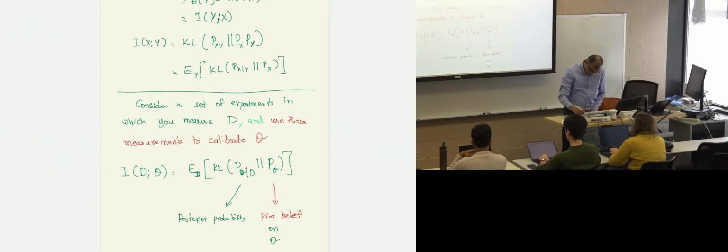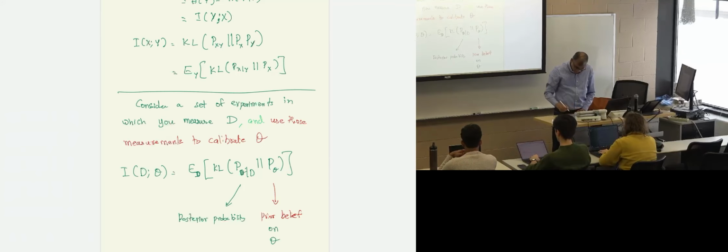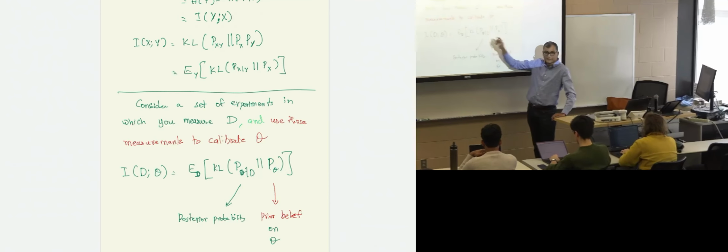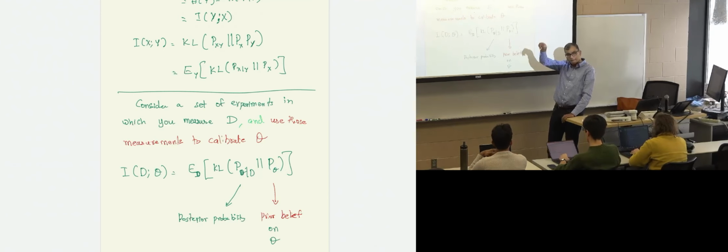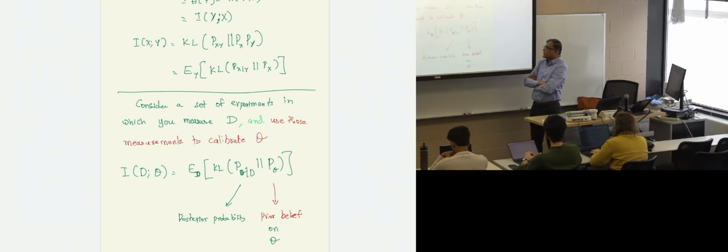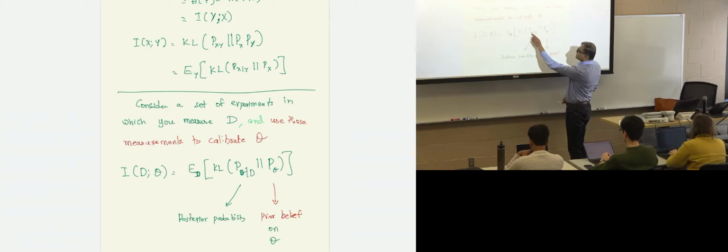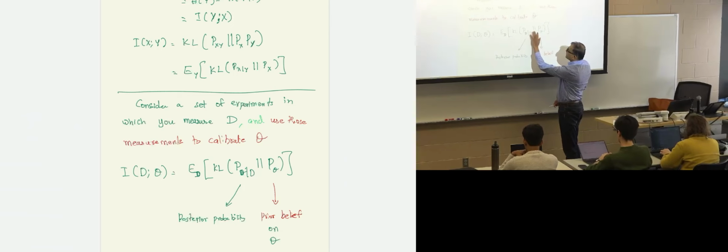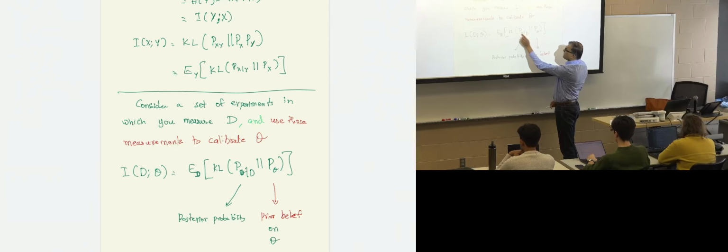So if I want to be a little more strict, I would call this small d, because it's a realization of the big D. But anyway, I think it's okay. So this is the amount of information you gain about theta from, say, a single measurement.